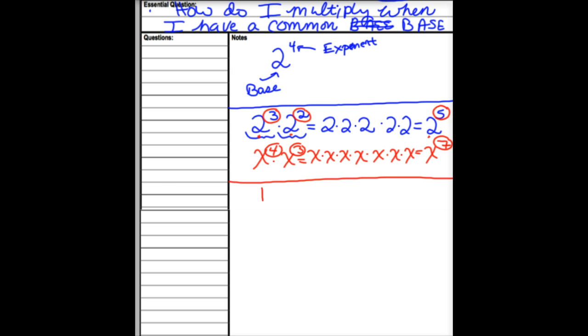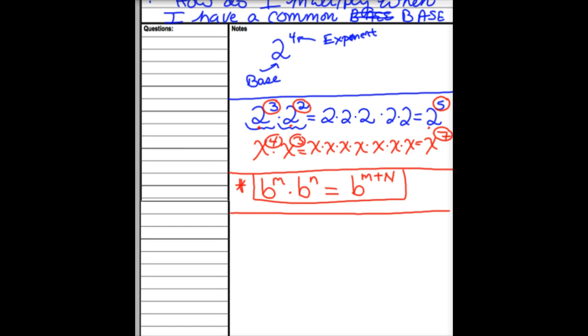When we take any base to an exponent and multiply by the same base to an exponent, we keep that base and we add the exponents. So that's our property. I would like you to put that in a box. That's the first property of exponents that we're going to be working with, and we're just going to do a few small examples over here.